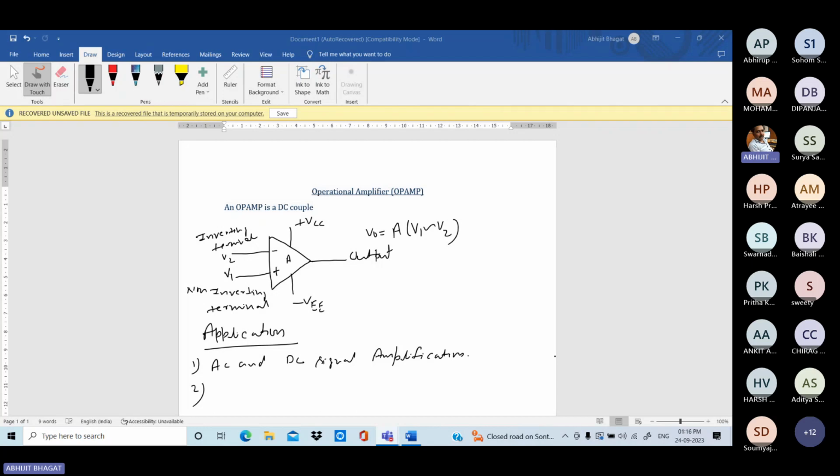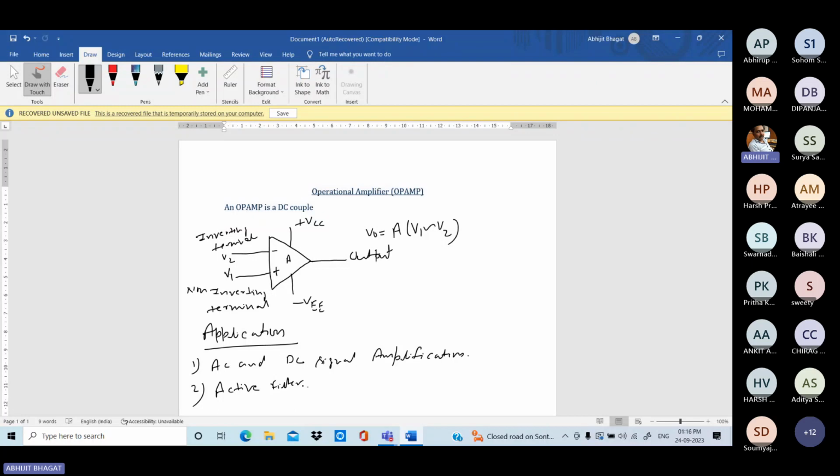Next application is that an active filter can be designed by using the op-amp. Active filter means there are two types of components, active components and passive components.